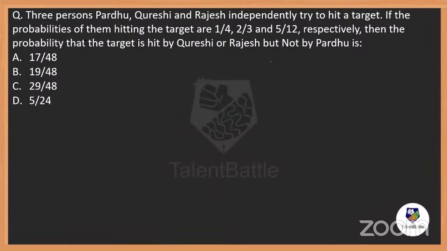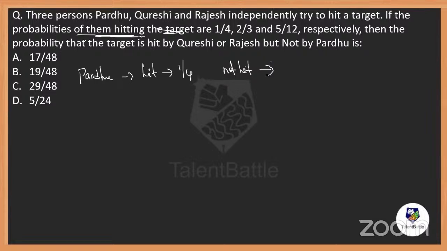They gave you the probabilities of them hitting the target. Let's take Prabhu. Prabhu hitting the target is 1 by 4, so he cannot hit the target will be how much?